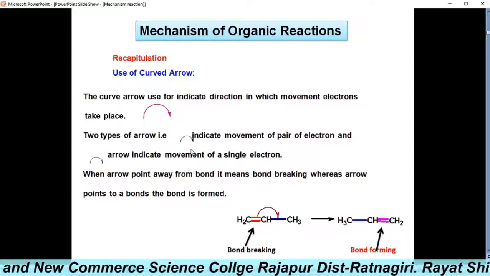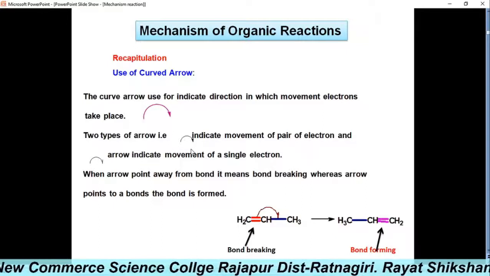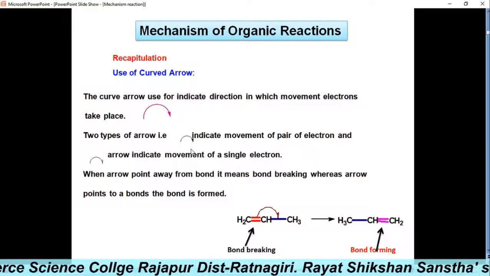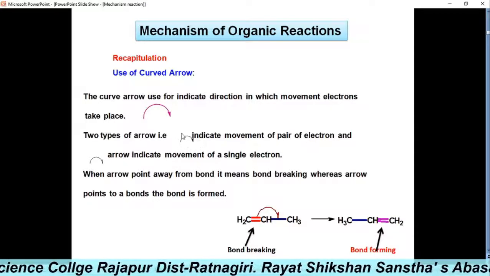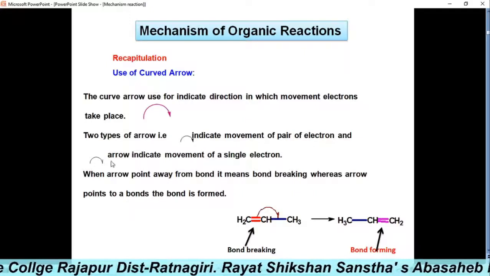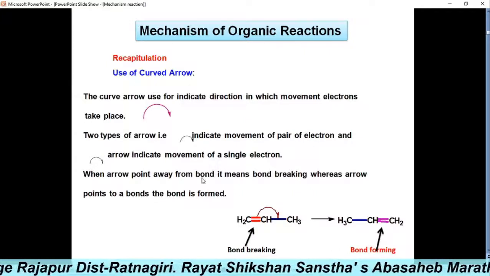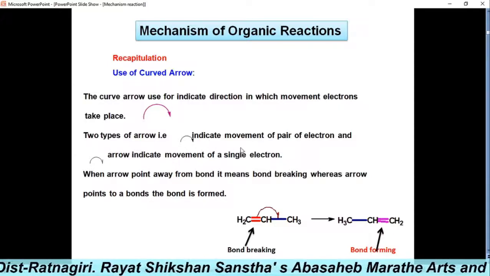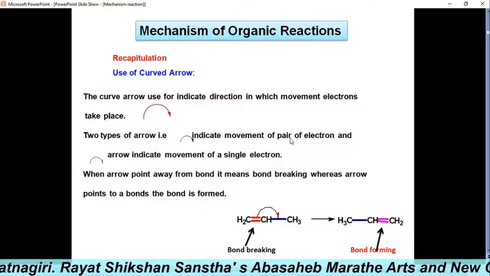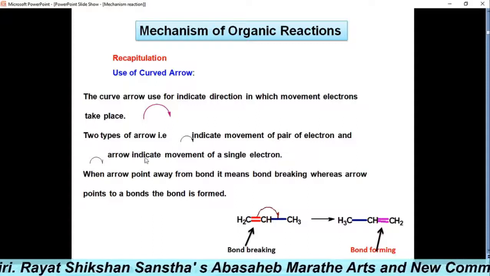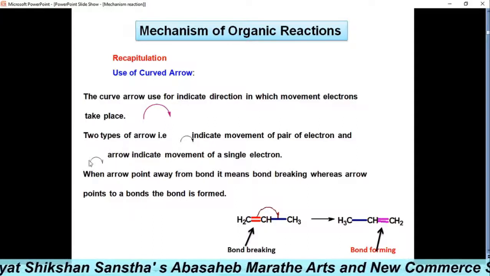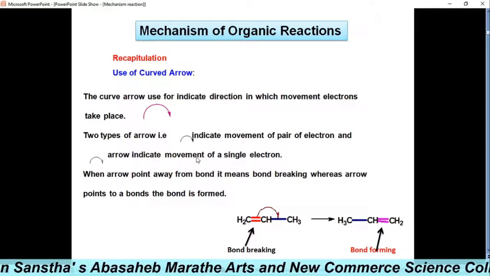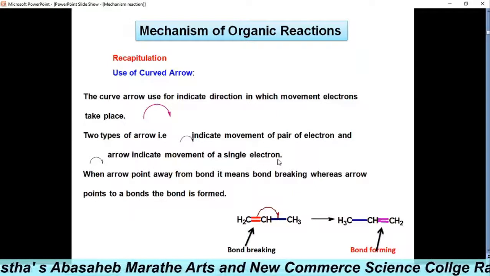There are two types of curve arrow which are used in organic reaction mechanism. This is one type of arrow and this is the second type of arrow. This type of arrow indicates the movement of a pair of electrons, and this type of arrow is used for the movement of single electrons.